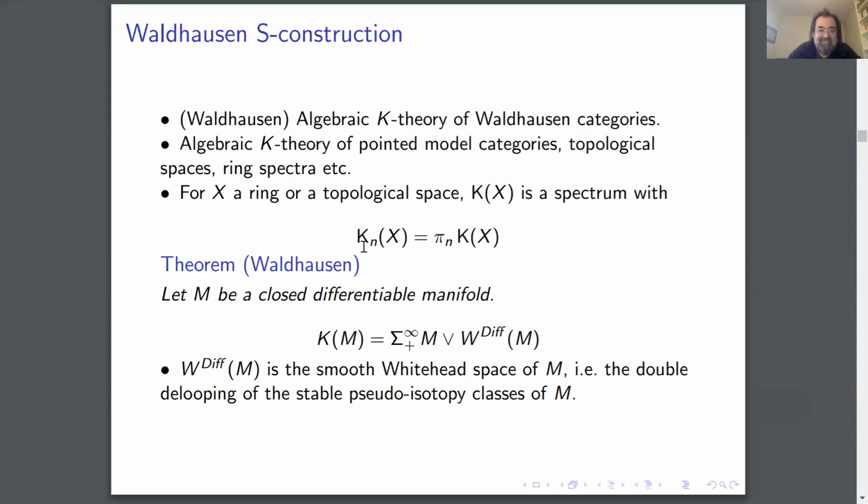Basically, you put together maps in your category in a particular way with a certain combinatorics, and build a simplicial set out of it. And you loop it. The homotopy groups of that is the Waldhausen K-theory.